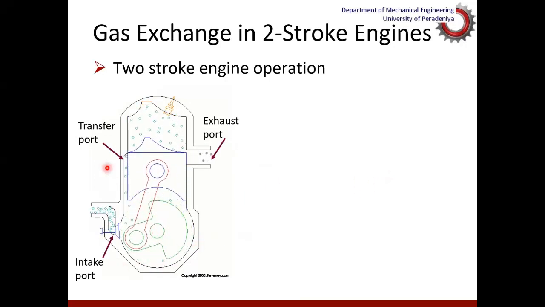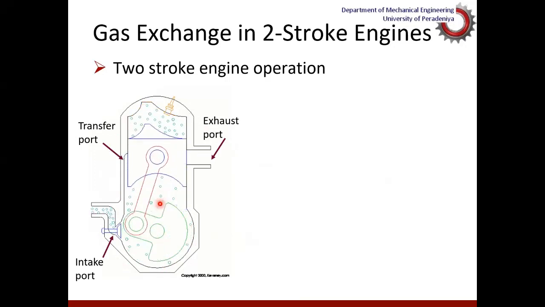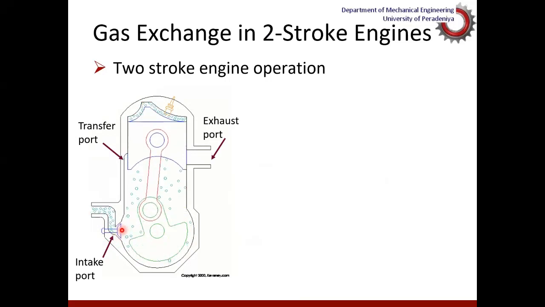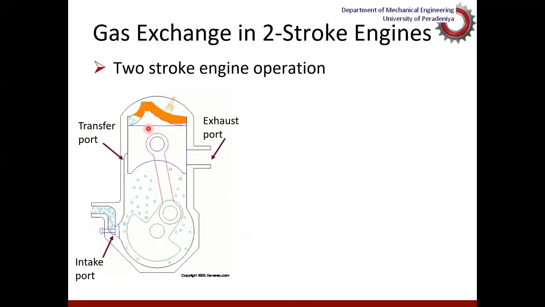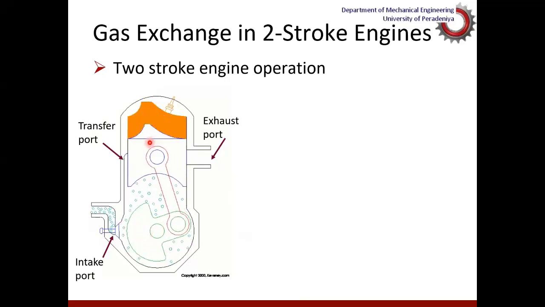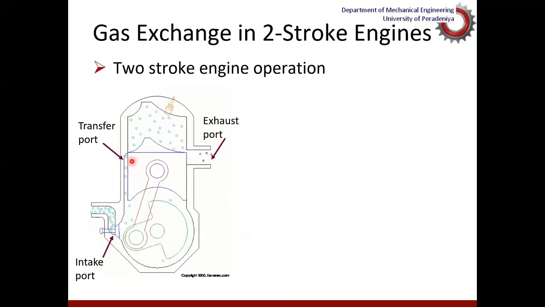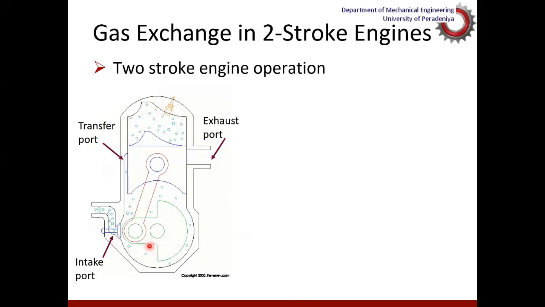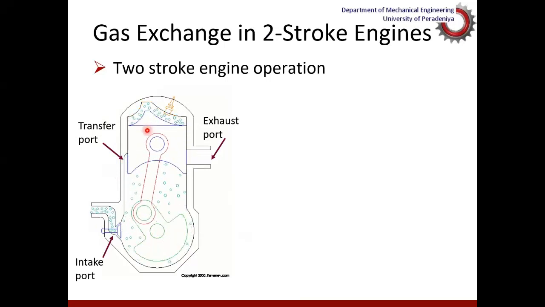Now, as you can see in this animation, as the piston comes down, this intake port gets closed, and accordingly the gases over here are compressed by the piston motion downwards. At the end of the downward motion of the piston, the transfer port opens and we create a pressure here. That pressure will push air into this area.